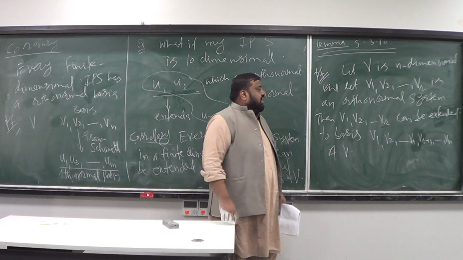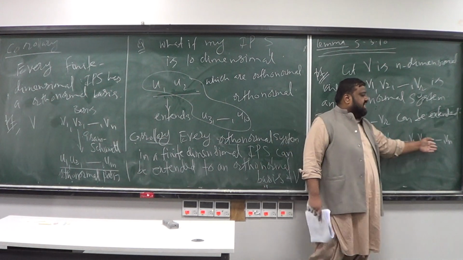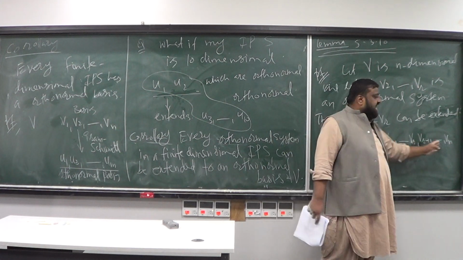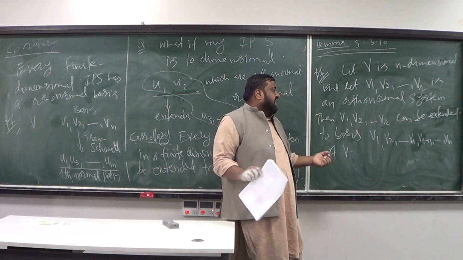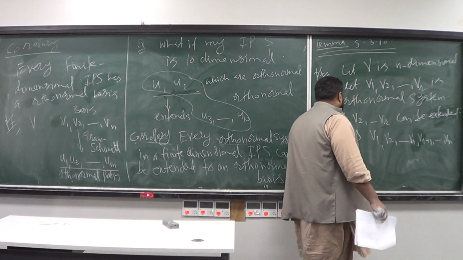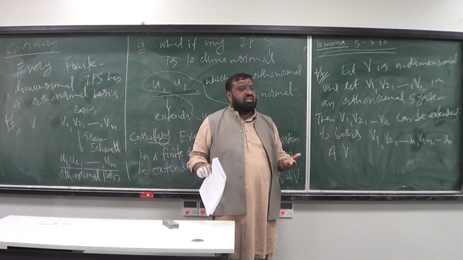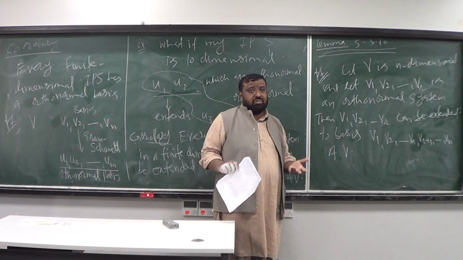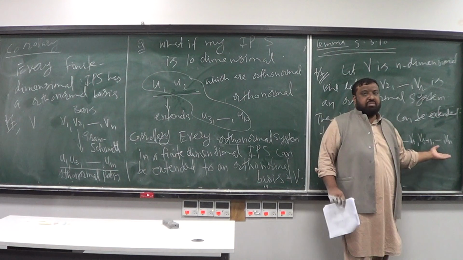Question: is it necessary that these n vectors, the r vectors that you have extended to form a basis for V, are also an orthonormal system? The answer: there are 2 possibilities. Either this is going to be an orthonormal system.